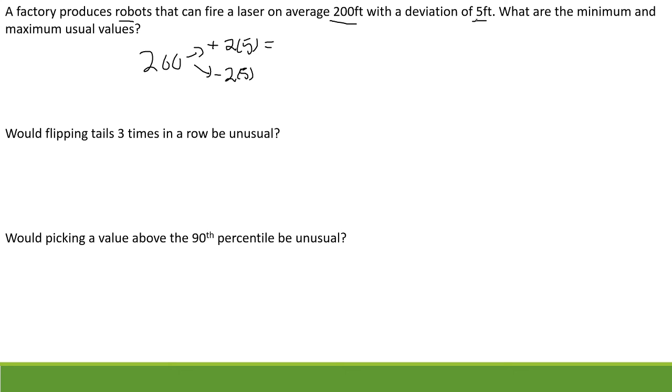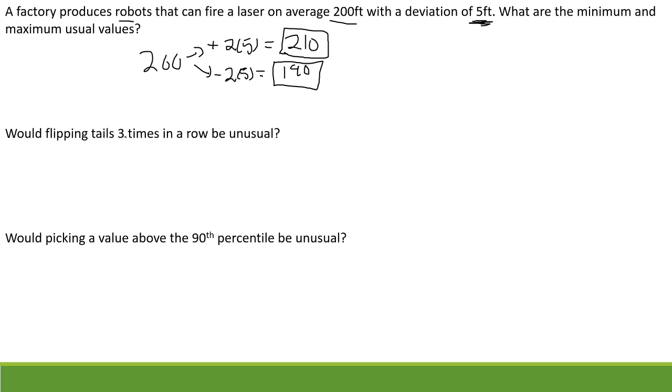So plus 2 deviations, where a deviation is 5 feet in this problem, would be 210, and minus 2 deviations would be 190. So 210 is your maximum usual and 190 is your minimum usual. So if you're between 210 and 190, you are in a usual range of firing. If you're outside those bounds, then you're unusual.